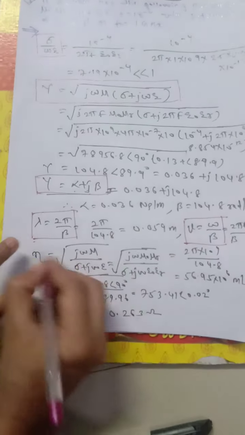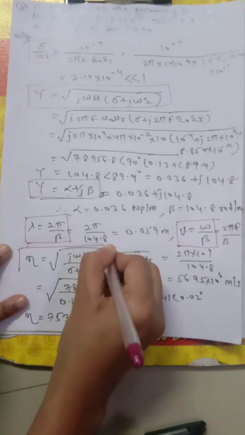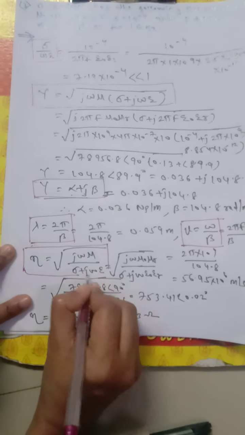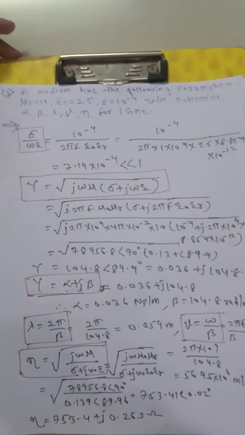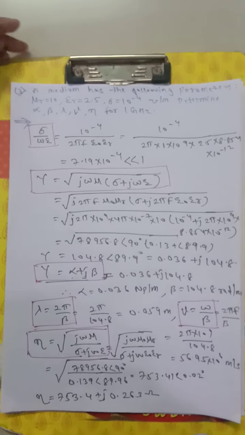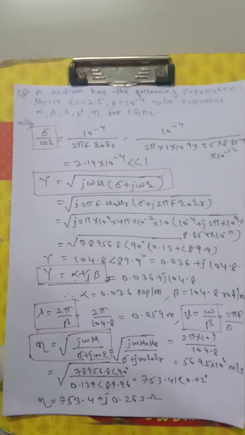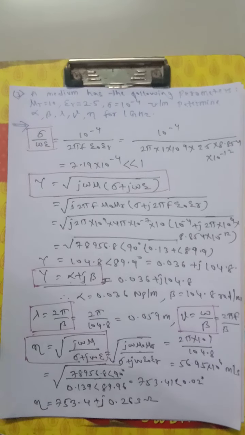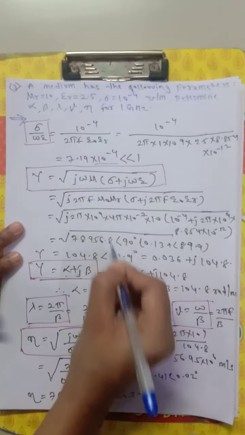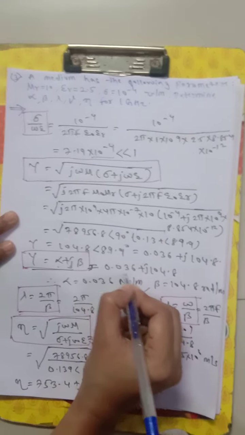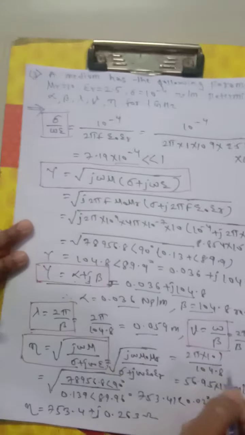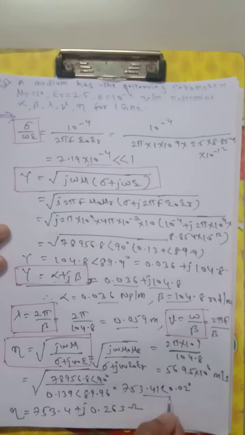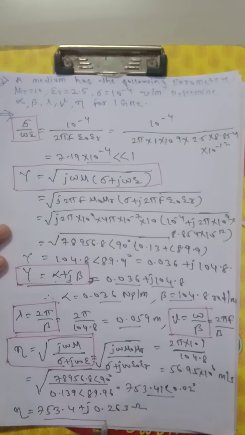Lastly, we calculated the intrinsic impedance. Here you need to take care of the polar to rectangular and rectangular to polar conversions. The first answer is this one, the second answers are these two, and the third is this one. These answers are important in both polar and rectangular form.